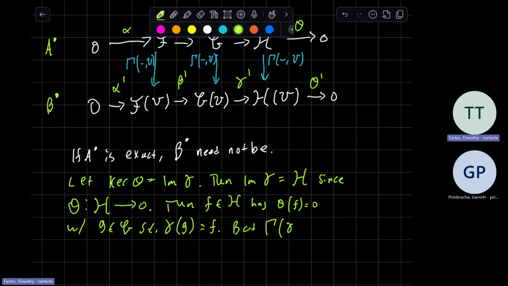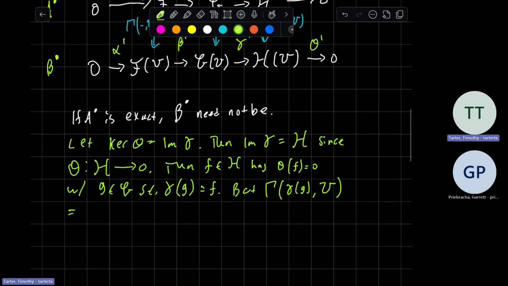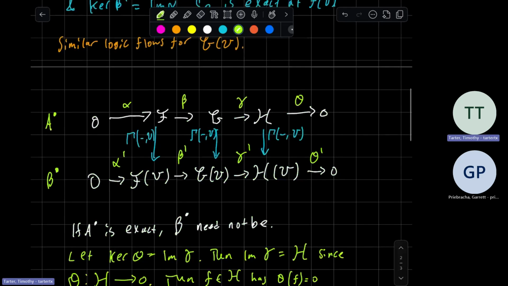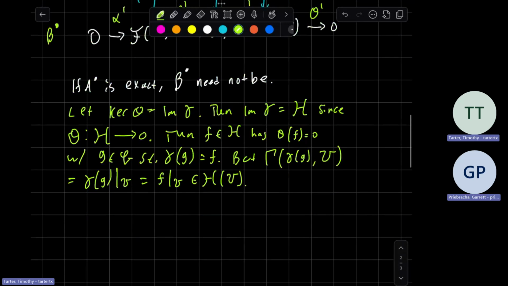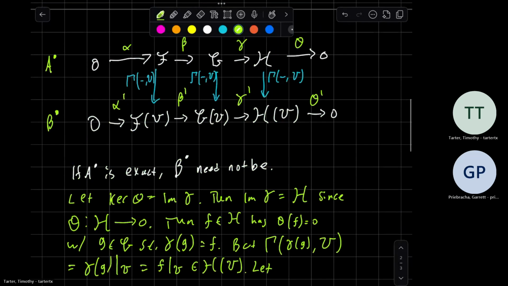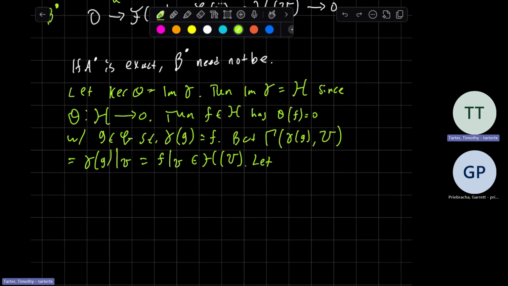But gamma of g over U is equal to gamma of g restricted to U, which is equal to f restricted to U in H over U. Let theta prime be gamma of theta over U.